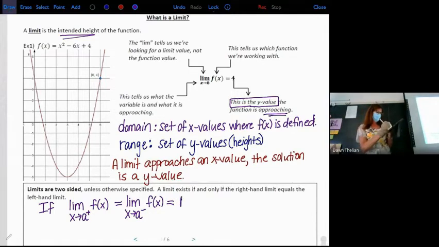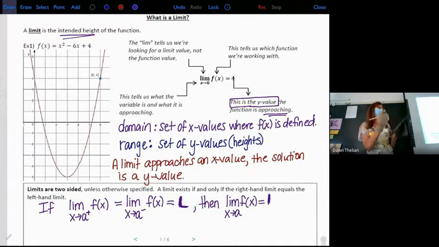If that equals L, both of them are the same, then we can say the limit as we approach a normally exists. And it's also that value L. In this example, it was the 4, but it could be any number. The limit has to be the same value from the left and from the right.